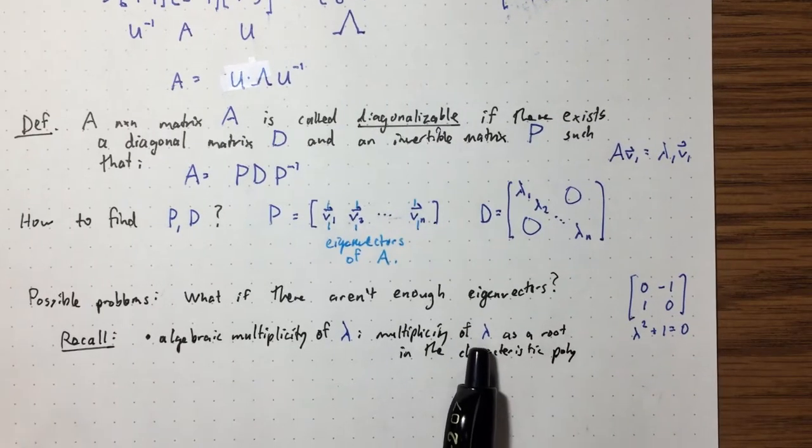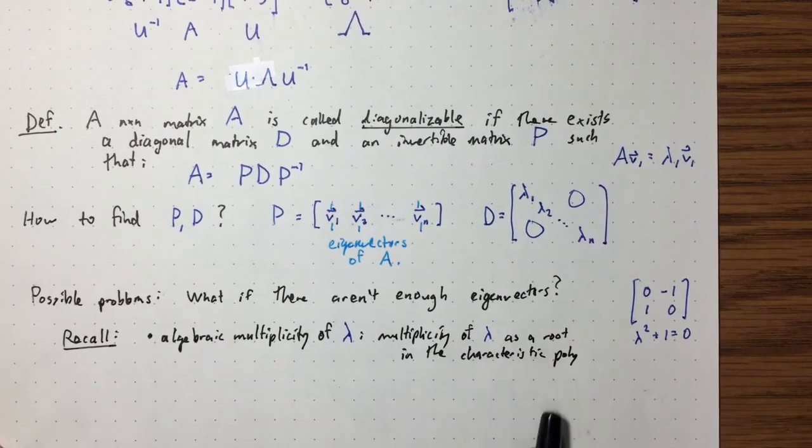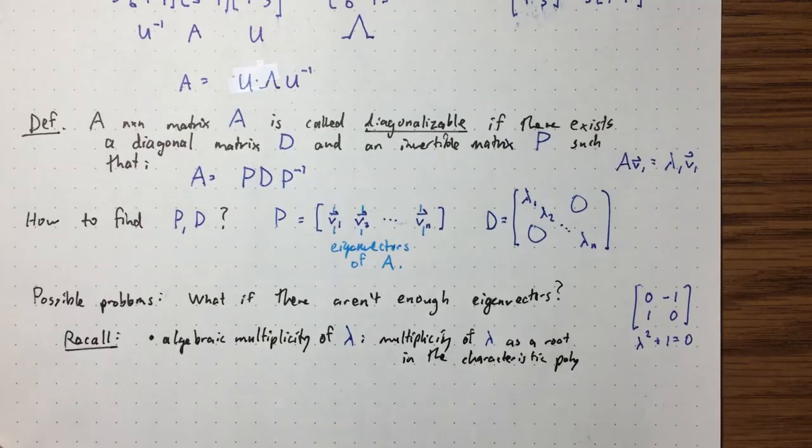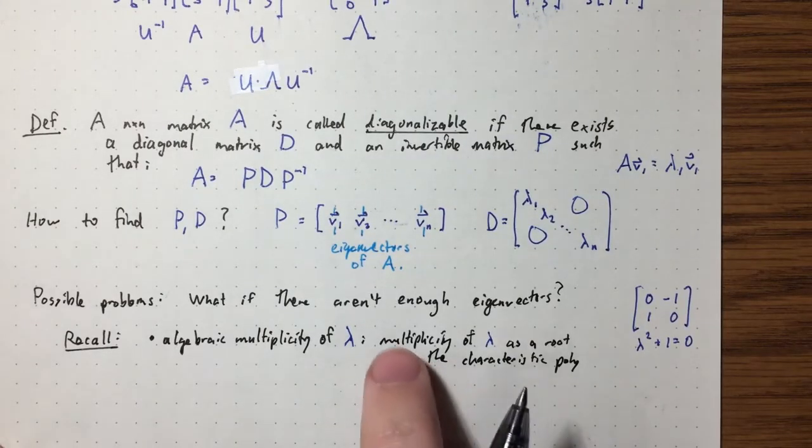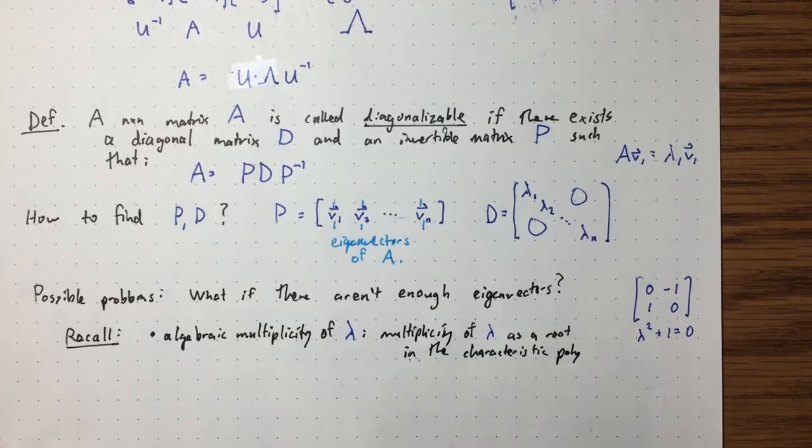It's just a power: if we have lambda minus 1 squared in the characteristic polynomial when we factor it, then lambda equals 1 will be an eigenvalue. The multiplicity will be 2. This is a square. We'll see an example where we have an algebraic multiplicity of 2.